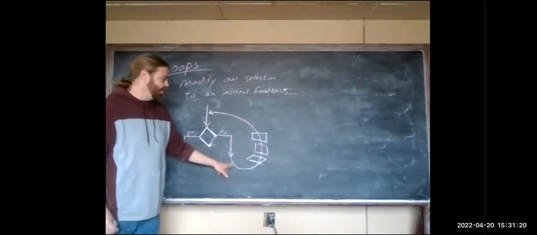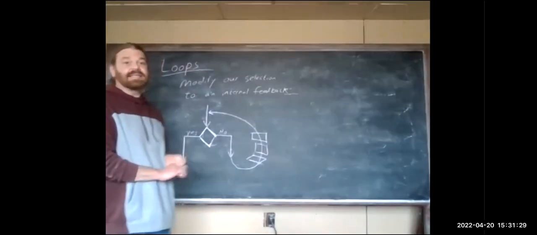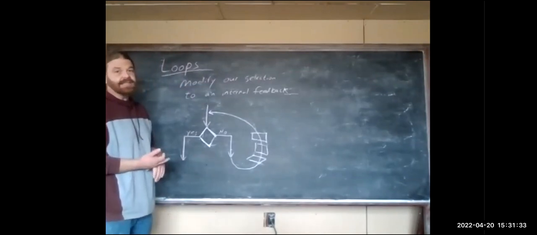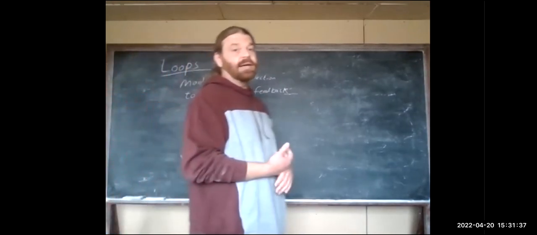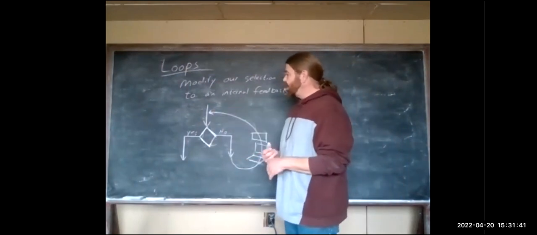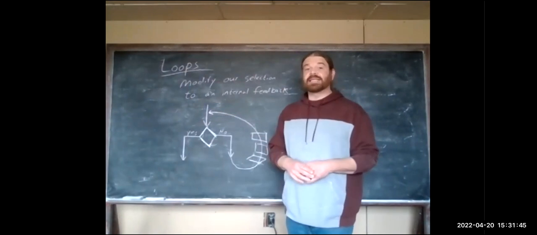If the answer is still no, we'll do this stuff again. And would I need to do that for my thing of just checking that again and going through the loop? Probably eventually. This is the idea of how we repeat things. This one's easy to work with. We just take those selection structures like we looked at, and one of our branches will come back around and check again. So we just need to make some modifications before it checks again.